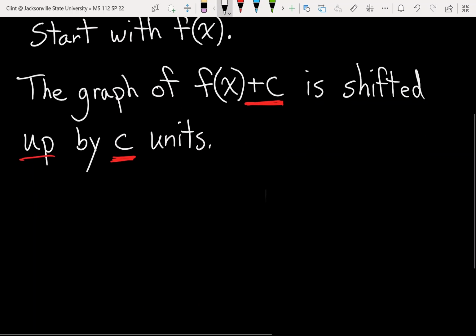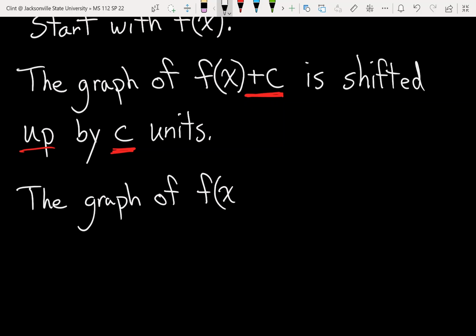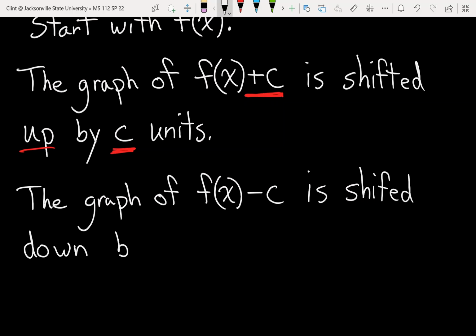And if we subtract a number, or you can think about adding a negative number, it does just the opposite. It's going to be shifted down. So when we subtract the number, we go down by that many units.